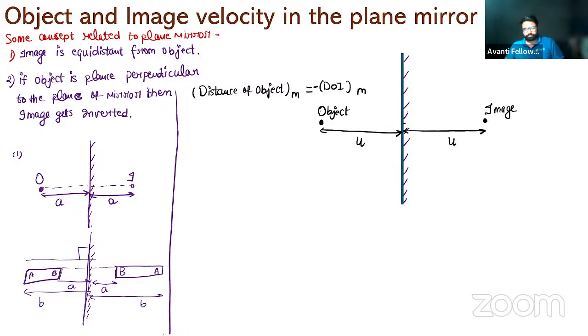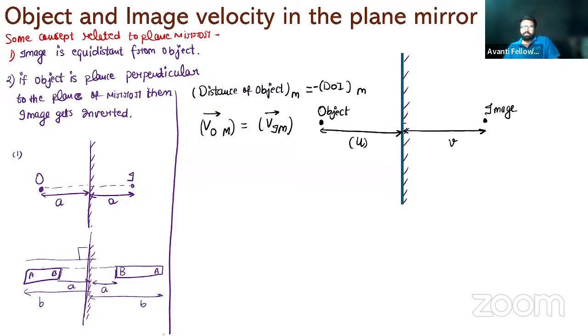Yes, we can. Now, if you differentiate this term, let's say the distance of the object we are representing by u only, and the distance of the image by v only. So we can say that du by dt, or let's denote it by the velocity of the object with respect to the mirror, VOM, is equal to the velocity of the image with respect to the mirror. It is going to be the same.